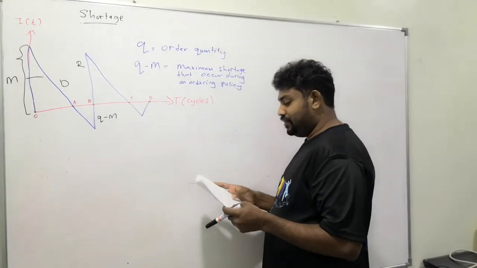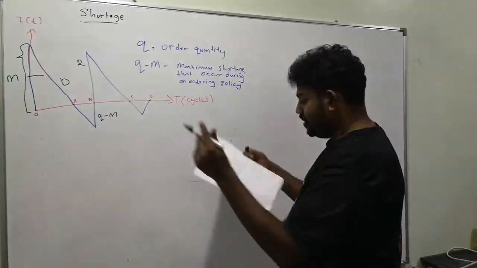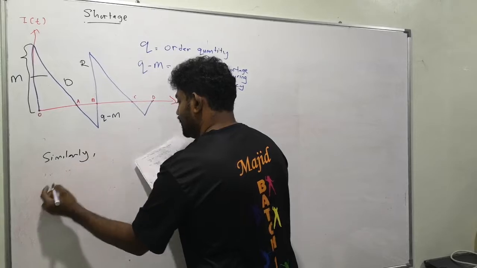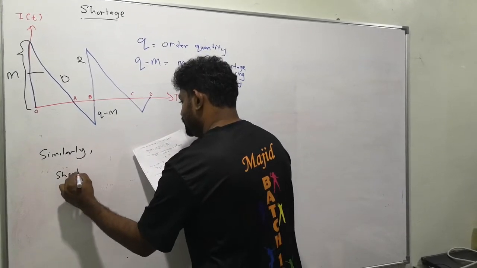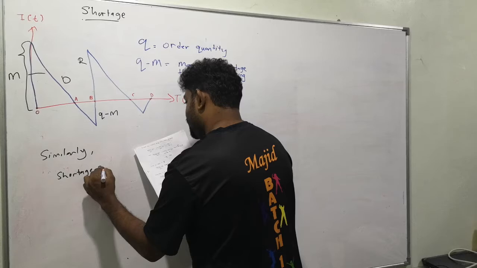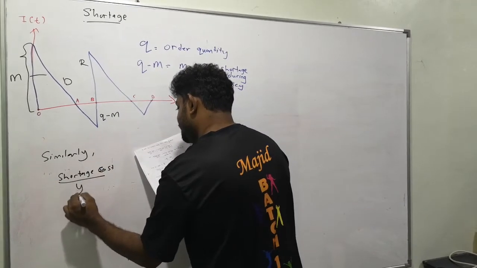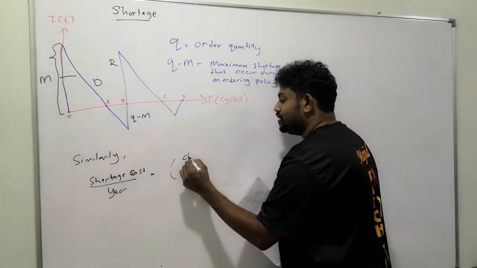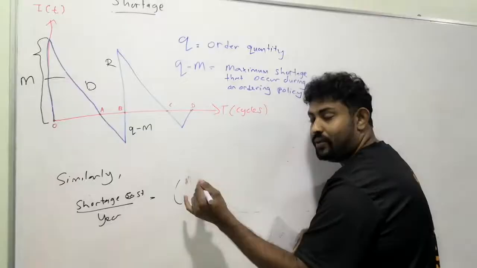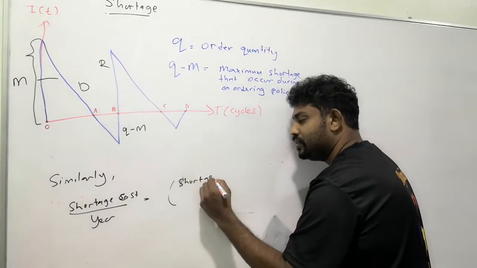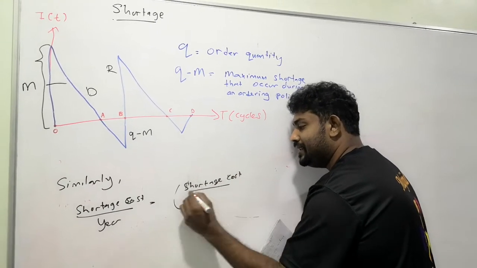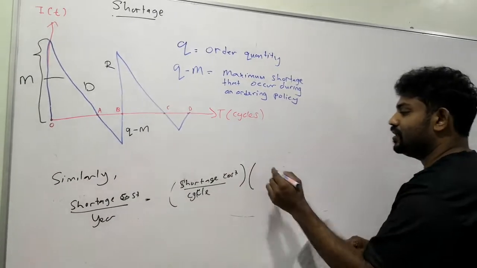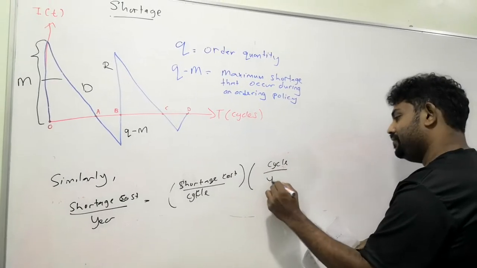Okay, so if you look here, similarly, shortage cost per year means that we need to understand the shortage cost per cycle times cycles per year.